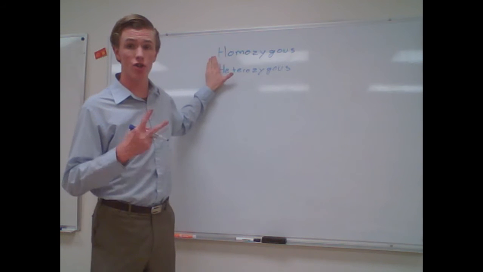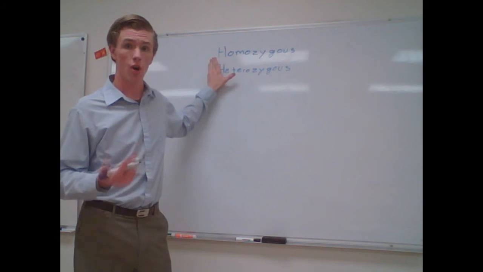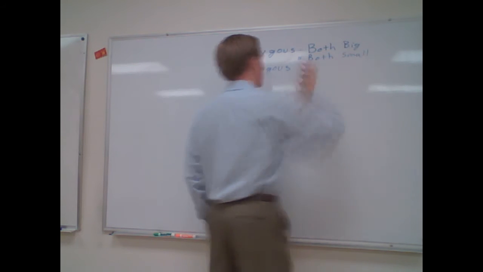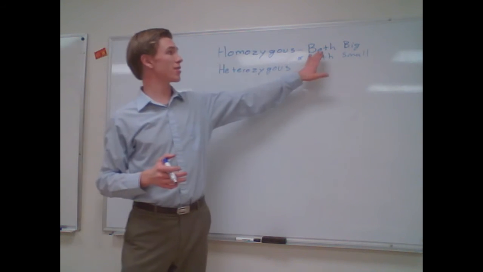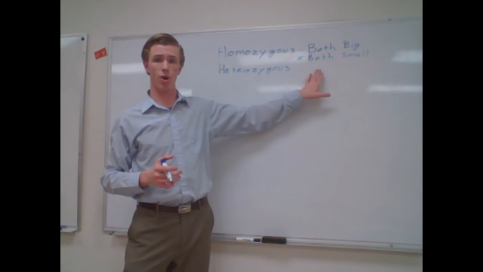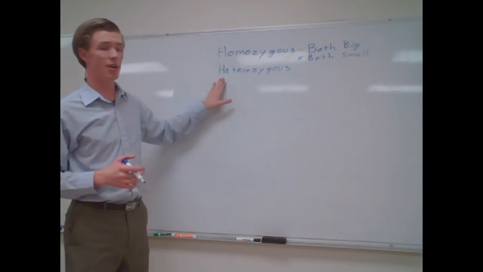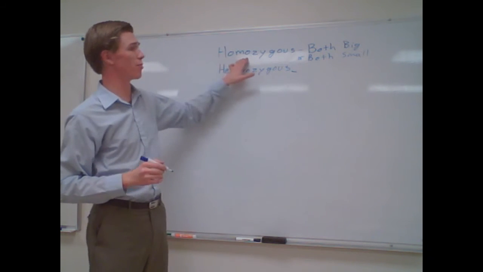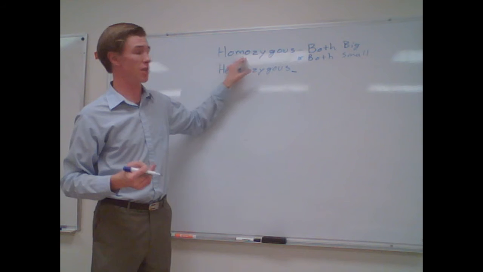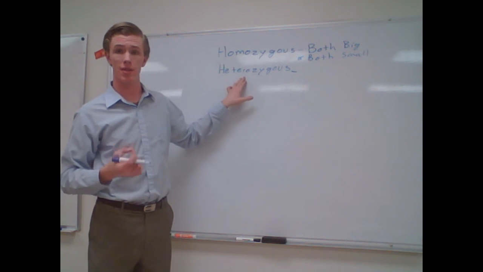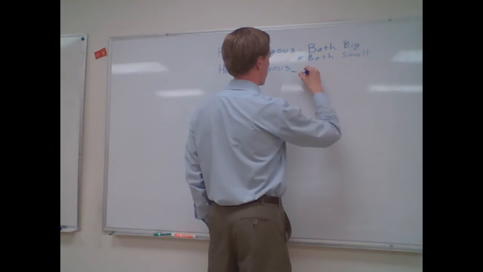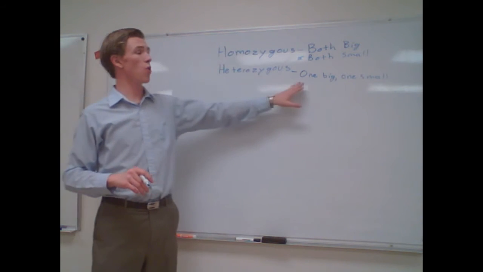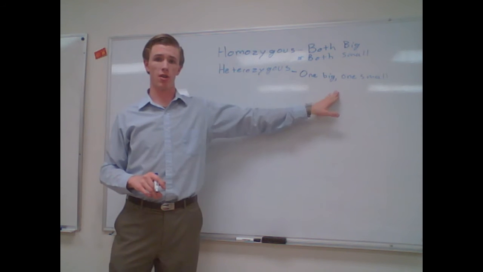Homozygous means it has 2 of the same alleles, or it means that the letters it has are either both big or both small. Heterozygous means different. And hopefully you remember at this point, homo means the same, hetero means different. So heterozygous means 1 big letter and 1 small letter.